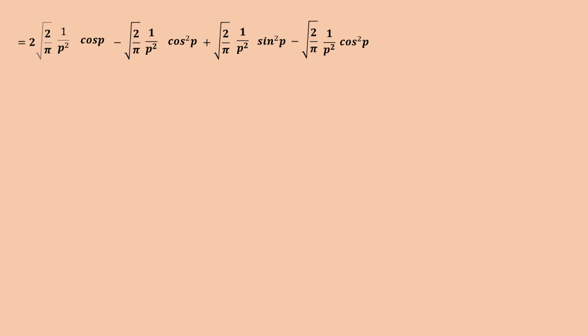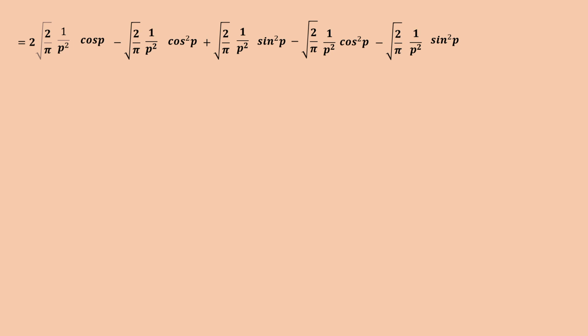So it is equal to 2 root 2 divided by pi 1 by p square cos p minus root 2 divided by pi 1 by p square cos square p plus root 2 divided by pi 1 by p square sin square p, splitting the last term, minus root 2 divided by pi 1 by p square cos square p minus root 2 divided by pi 1 by p square sin square p.